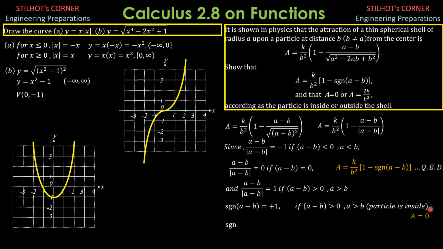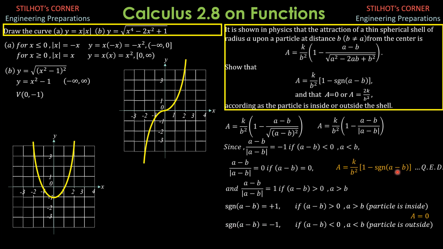And when a minus b is less than 0, signum of a minus b would be negative 1, and the particle is outside. If the particle is outside and a minus b is negative, signum of a negative value is negative 1.